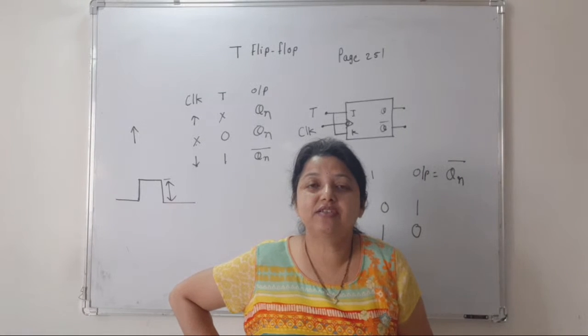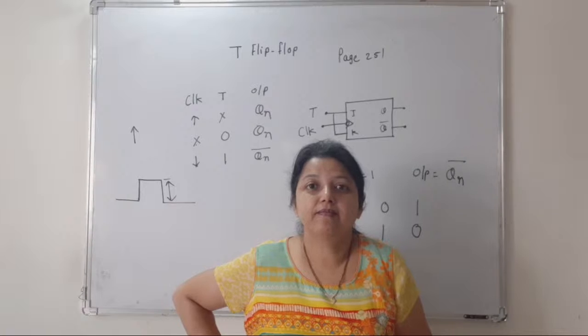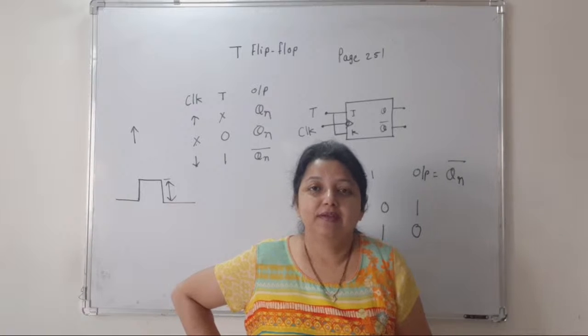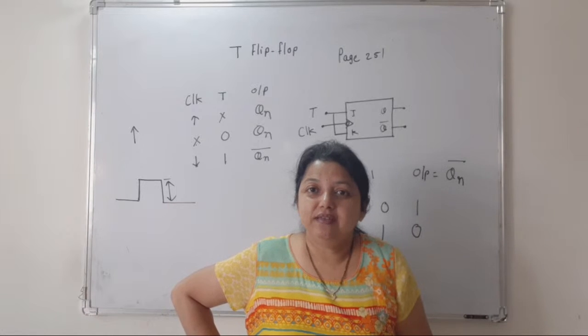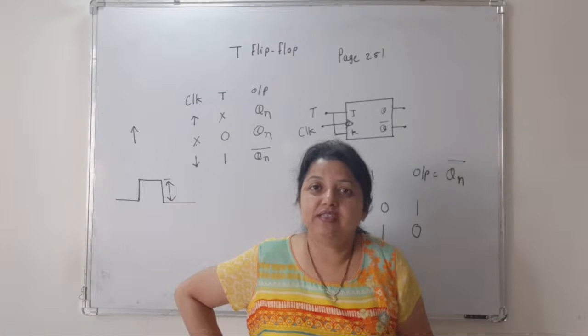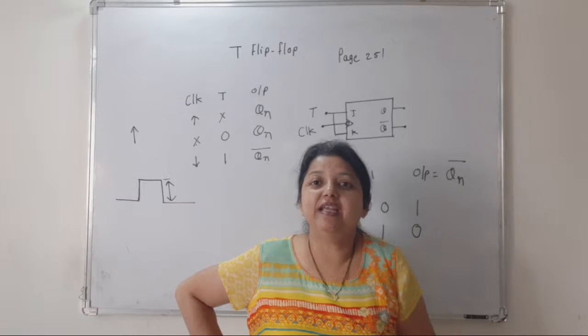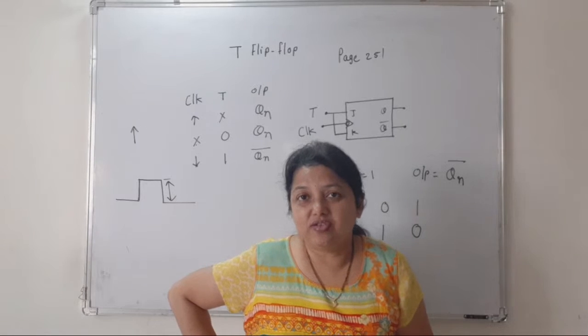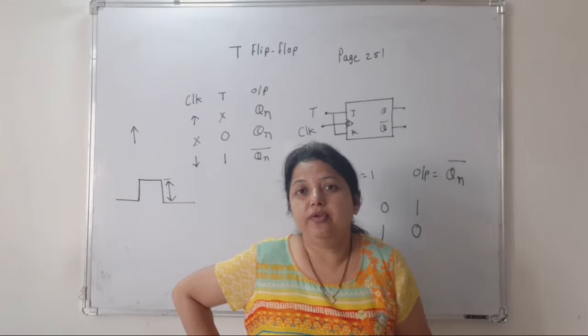And the last type of register is parallel in and parallel out. Means information gets into that register at a time during a single clock.